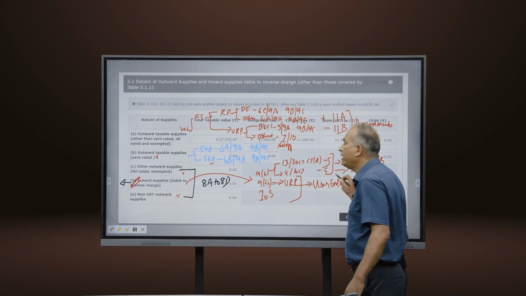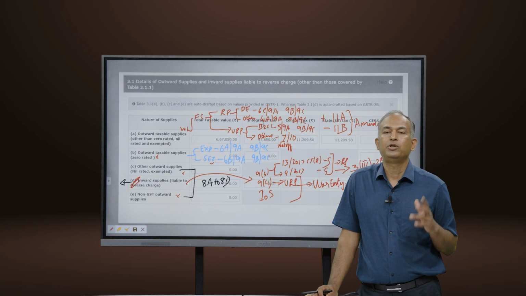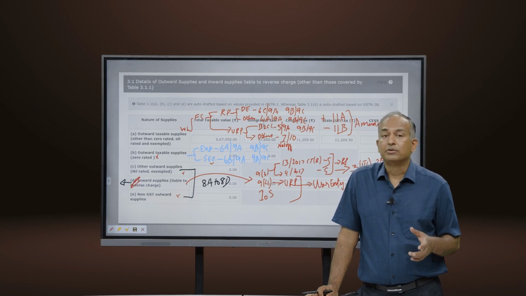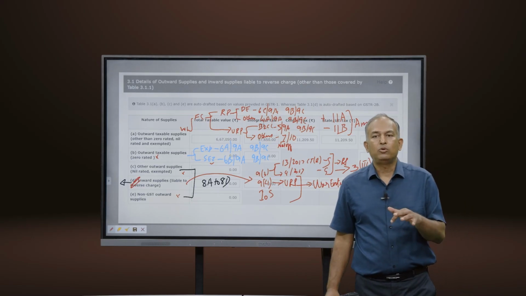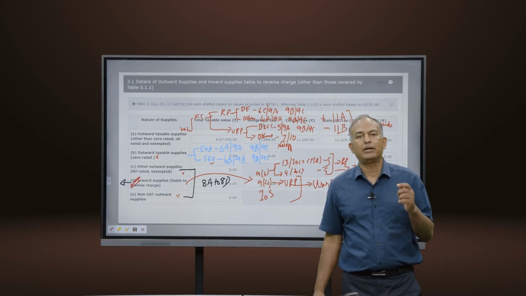Now, actually, this is the first user entry that is coming into the GSTR 3B. Now, you have to visualize this. Till date, or from January 2025, it was expected, and I'll tell you what was expected, and I'll tell you what is the practice that is followed.